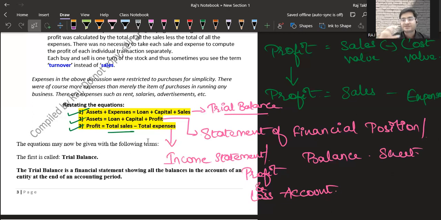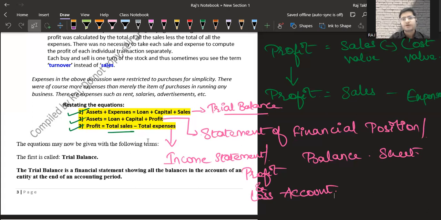So accounting equation is when you express the relationship of these accounting heads in the way of mathematics by expressing an equation. That particular equation is known as accounting equation. The primary equation is assets is equal to capital plus liability, and by using the same equation, we can develop further equations which will help us to prepare these very accounts, which are in the form of trial balance, balance sheet, and profit and loss account.